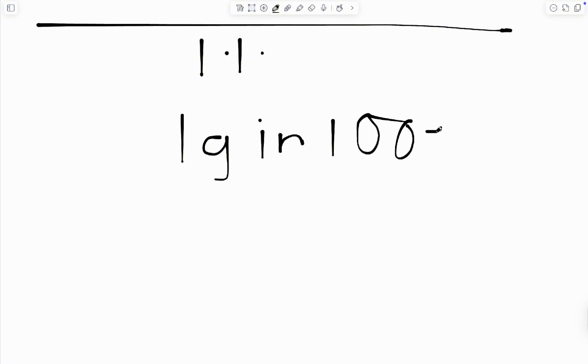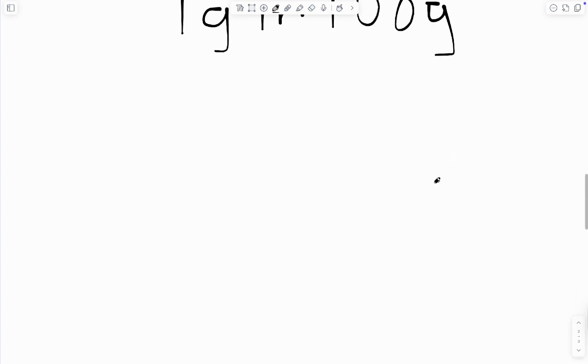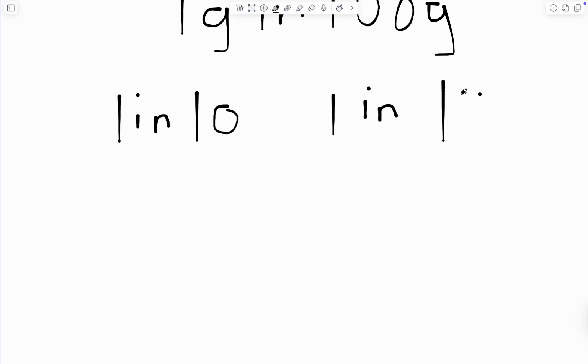But some medications come as 1 in 10 and 1 in 100. These are known as ratio strengths. You need to be able to convert interchangeably between these strengths, because this will come in handy when you do things like C1V1 in later questions.